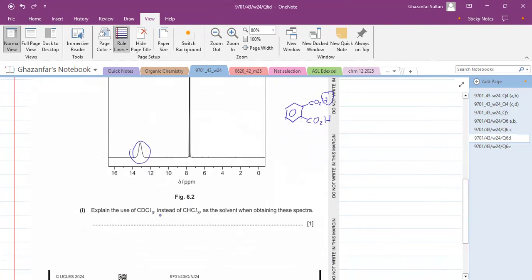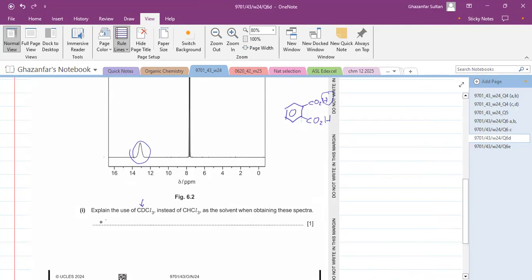Explain the use of CDCl3 instead of CHCl3 as a solvent when obtaining these spectra. So you know that CDCl3 is a deuterated solvent where deuterium is used, and deuterium does not cause any peak. Although due to a little exchange at 0 there might be a peak, sorry, this CDCl3 has no peak.